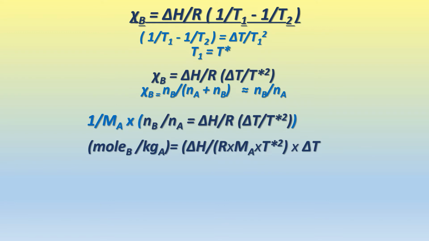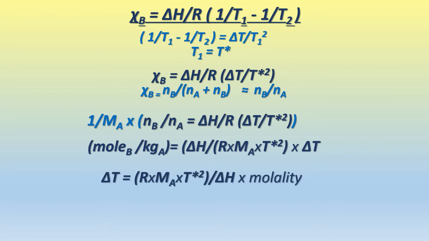is equal to delta H divided by R times the mass of A times the transition temperature squared times delta T. I rearrange this slightly. Delta T is R times the mass of A times the transition temperature of A squared over delta H, times the moles of B over kilograms of A, which is the molality.